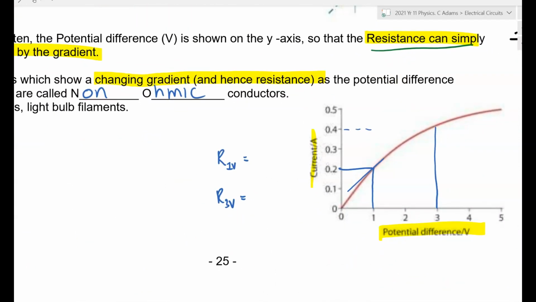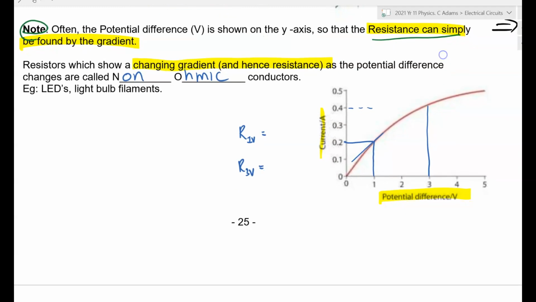Now, we talked about these ohmic conductors. Let's look at ones where your resistance does change. They're called non-ohmic conductors. They still obey Ohm's law. All it means is that the gradient changes as your potential difference changes, hence your resistance changes. So let's look at this one, where our current is on the Y-axis and potential difference is on the X-axis.